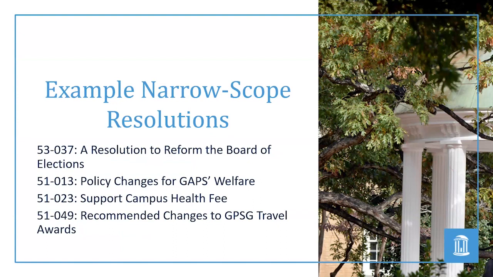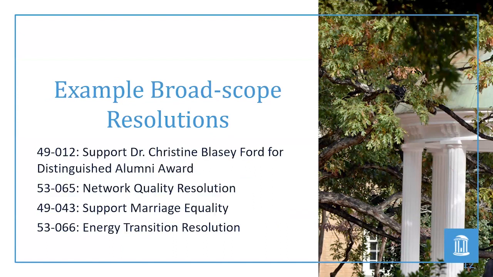So this was a call for a reform, or supporting a campus health fee, these types of things, right? I think the network quality resolution, I would actually consider that narrow, not broad, because that was a change to network quality on campus, so I think I put that in there correctly, but you kind of get the idea.